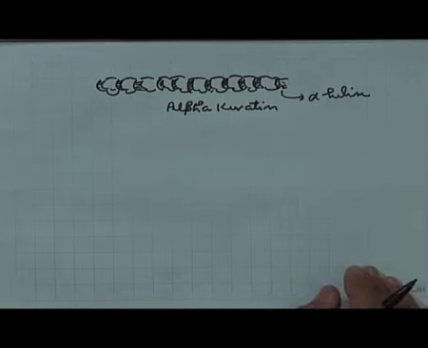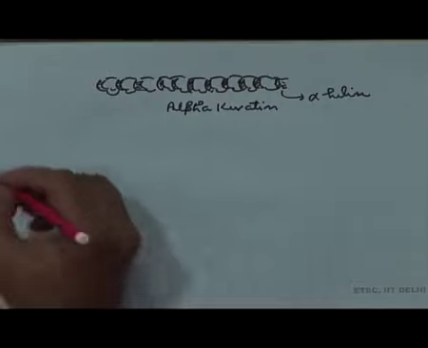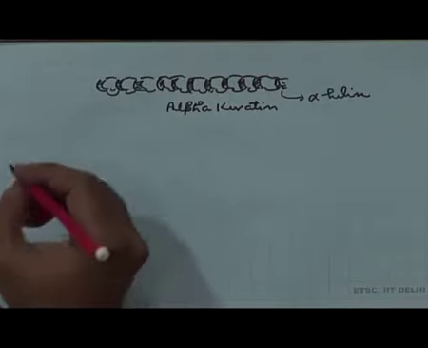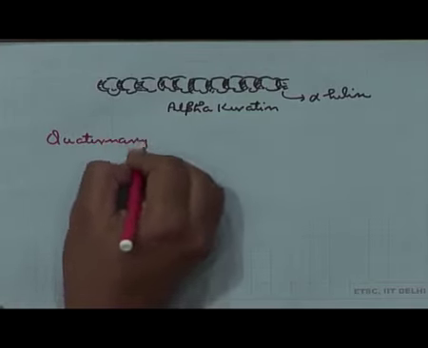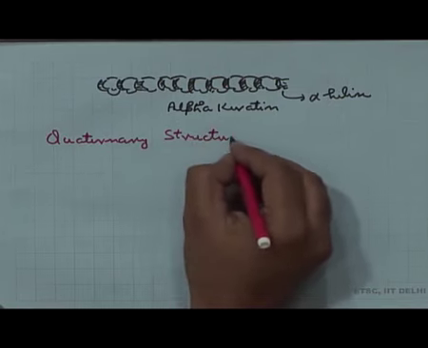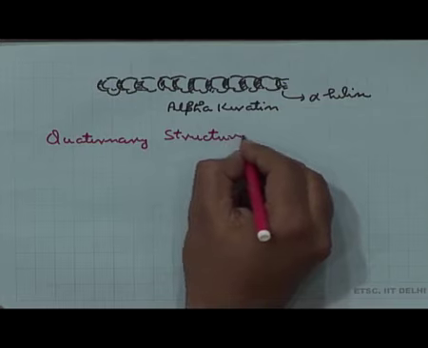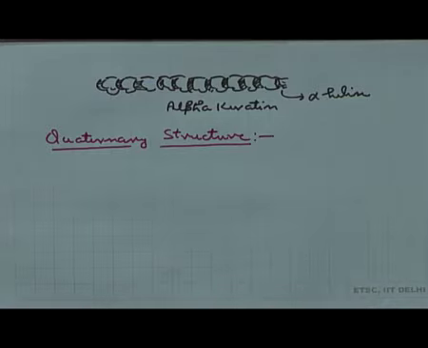Okay. Now, I will move to quaternary structure. What is quaternary structure? So, this much about the tertiary structure. Now, let us talk about the quaternary structure. In quaternary structure, some proteins have more than one polypeptide chain.